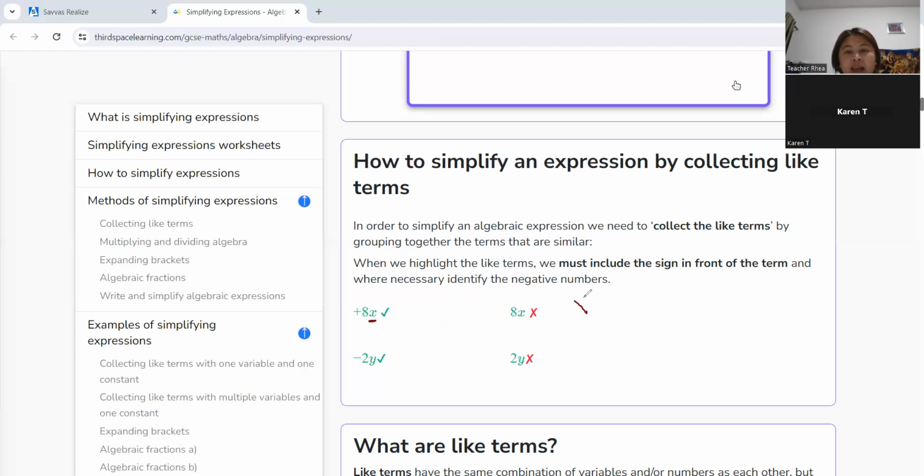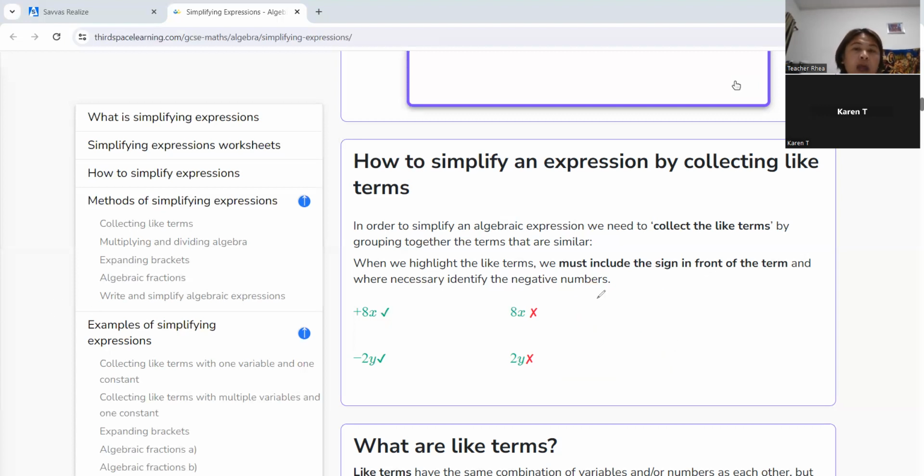So x squared and negative 2x squared are like terms. But y squared and y are not like terms, because they don't have the same exponent.